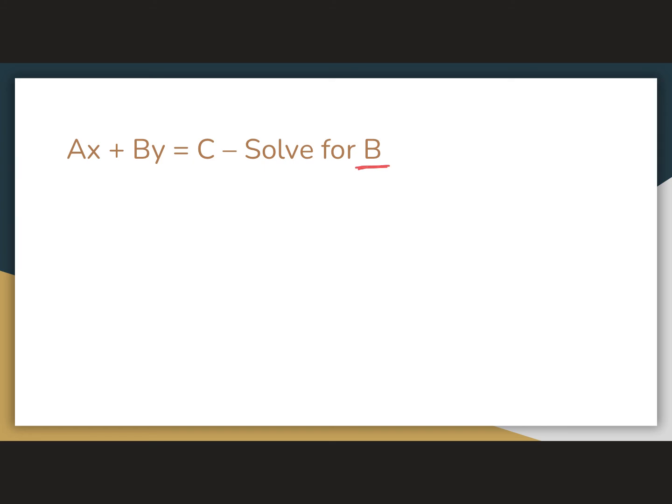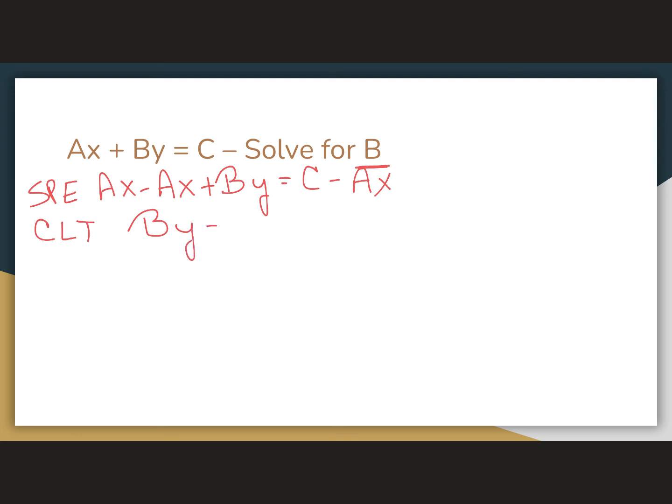Okay, so you should have subtracted first: AX minus AX plus BY equals C minus AX. When I combine my like terms, I'm left with BY equals C minus AX.